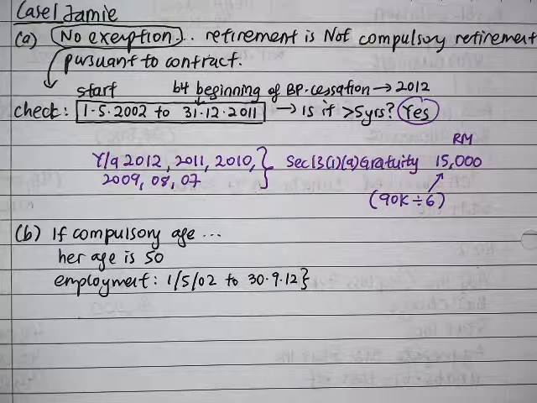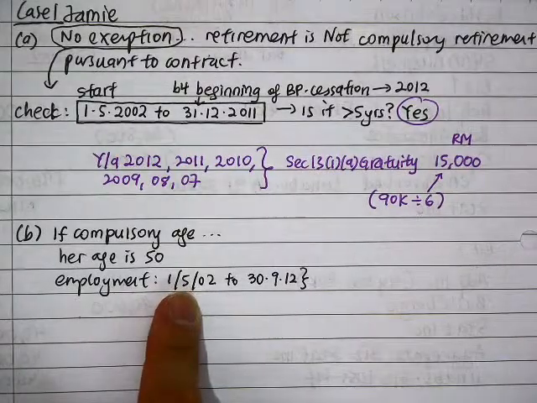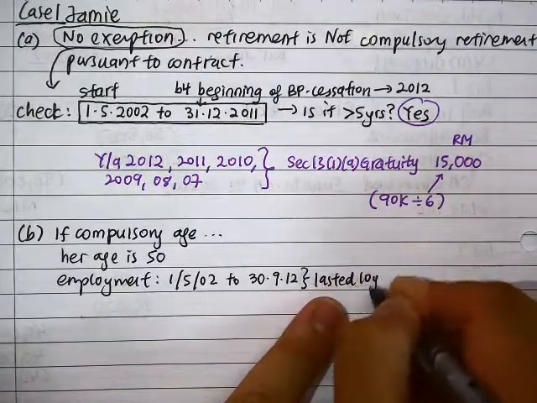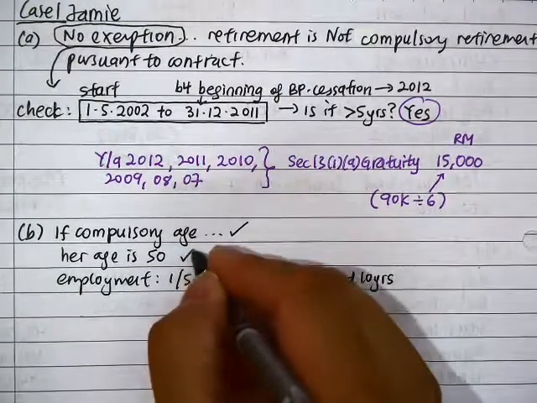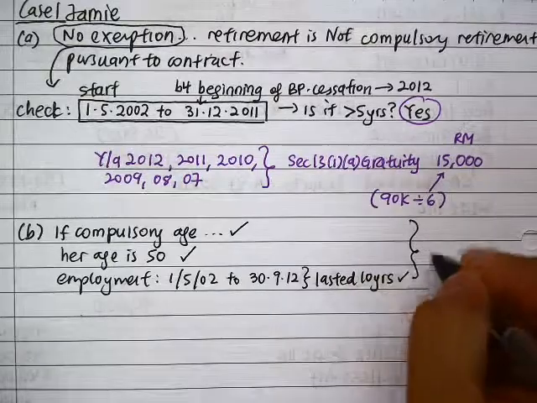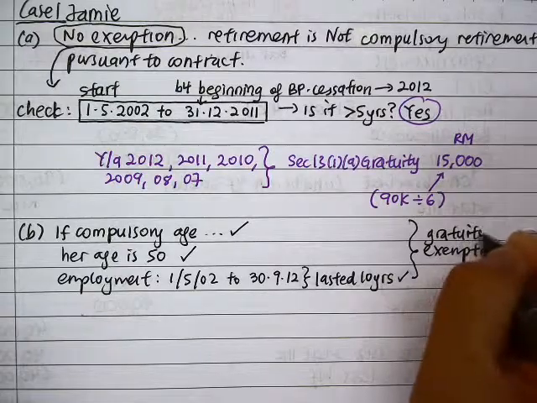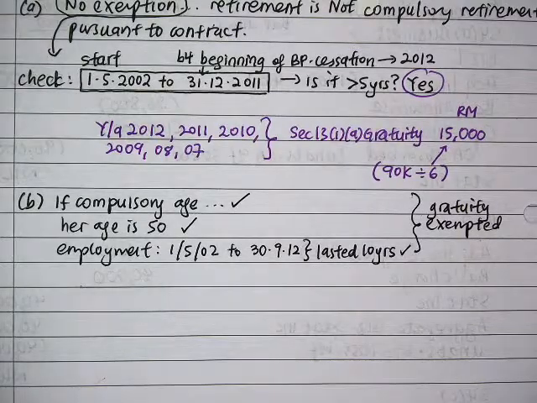Will that be 10 years? So 3, 4, 5, 6, 7, 8, 9, 10, 11, 12. You must work until April 2012. This is May, and this is September, so it has already lasted 10 years. It's compulsory, the age is 50, and employment lasted 10 years. If that's the case, the gratuity will become exempted. So there's the main difference between A and B. Okay, see case 2.